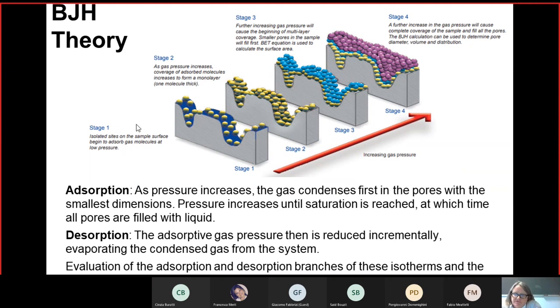If you evaluate the adsorption and desorption branches and the hysteresis, it gives you information about size, volume, area, distribution. The commonly used method is just called BJH. So Barrett-Joyner-Halenda is used to determine pore volume and pore size.